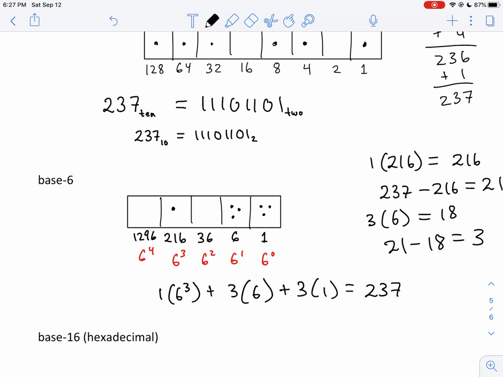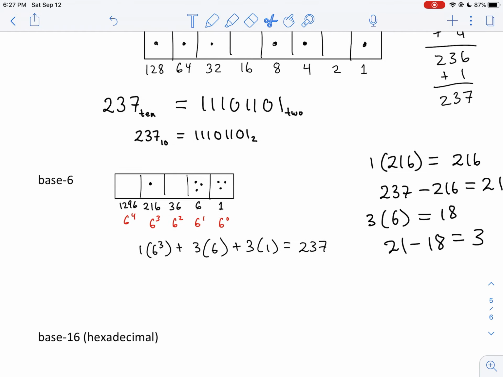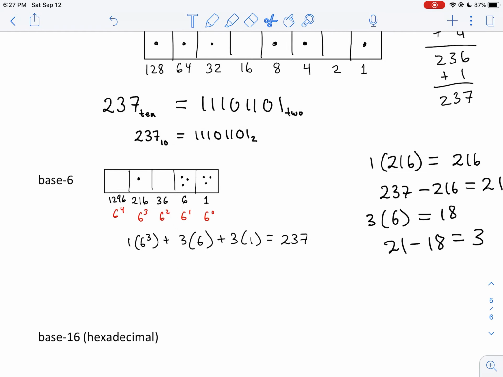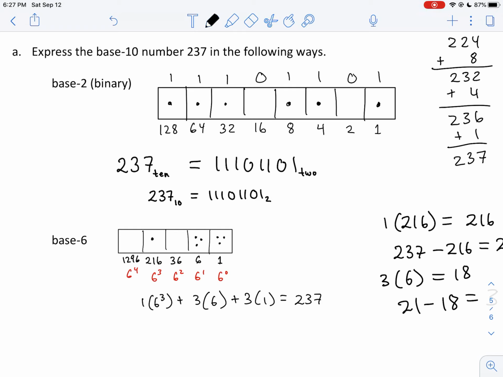So now let's go in and write down, let's move this again, shrink that down, and let's maybe circle an answer out of all this stuff too. So this is my answer for converting our decimal number, our base 10 number, into a base 6 number.